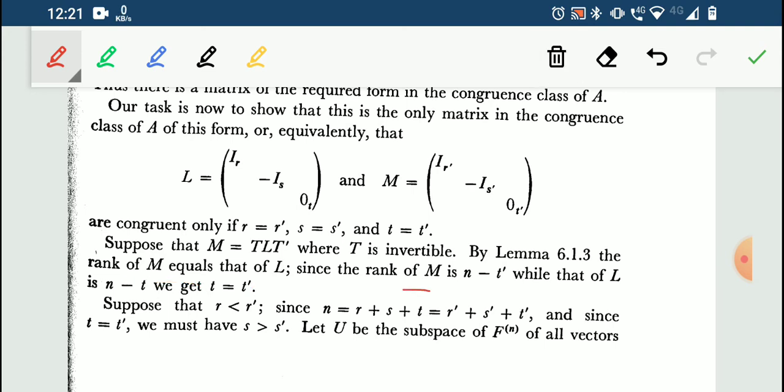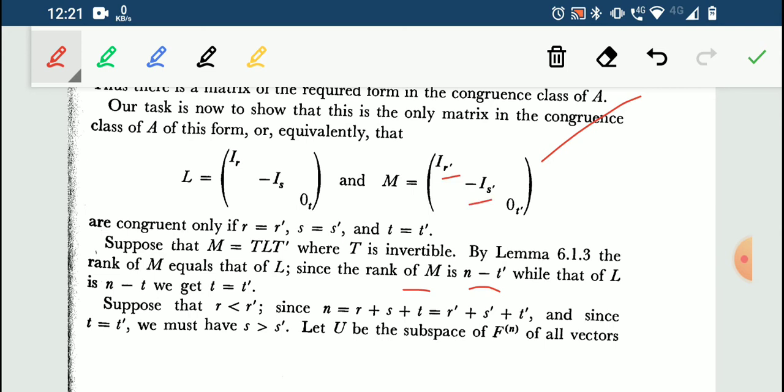Since the rank of M is equal to N minus T dash. How? See, M is defined by this, and if you see the number of non-zero rows, it is R dash plus S dash.